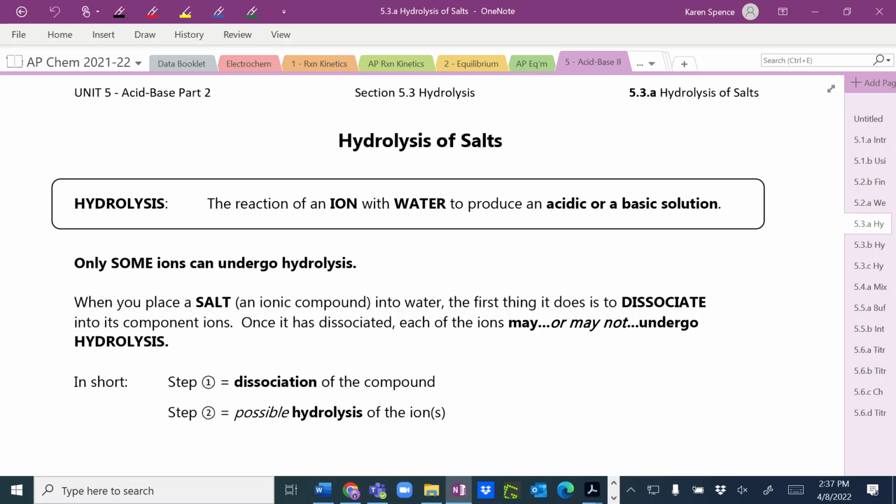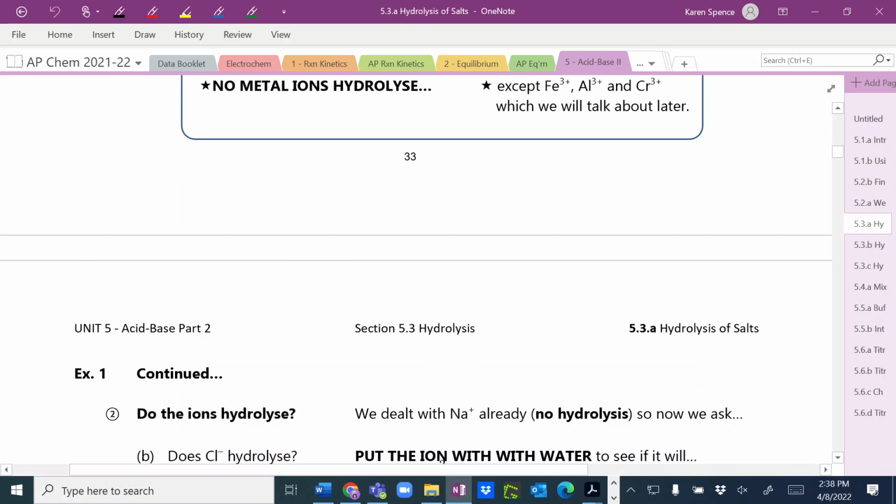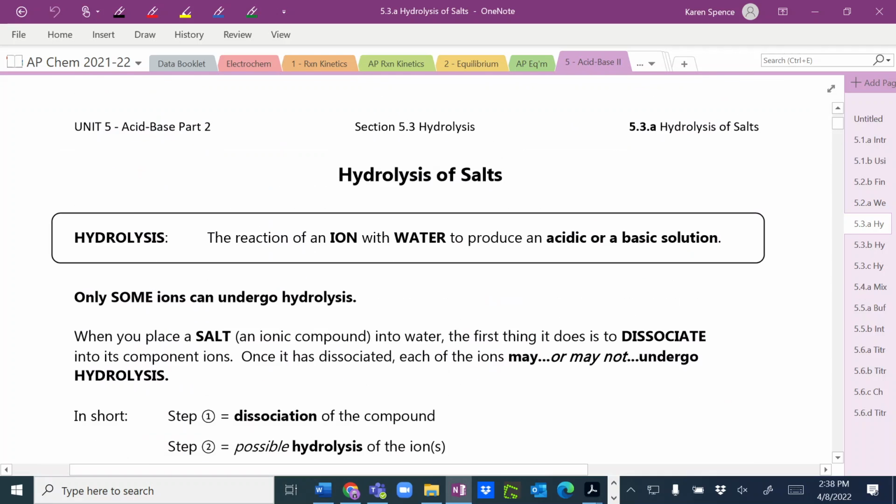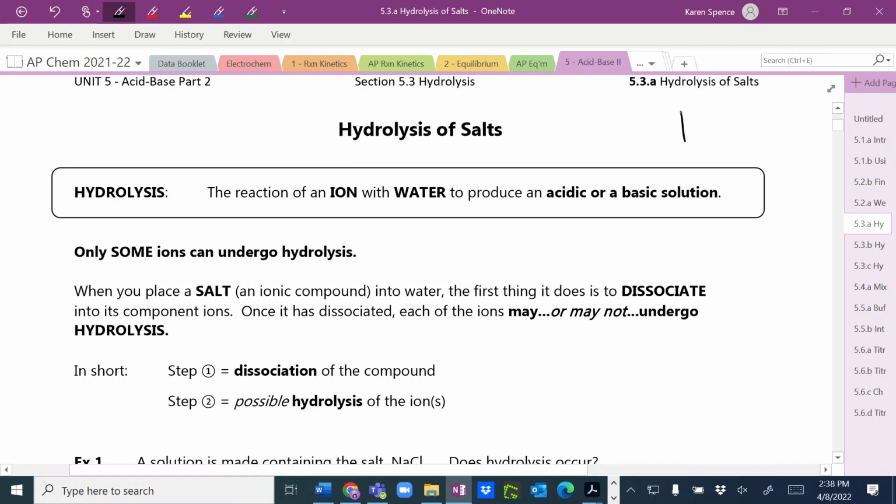So if you've learned hydrolysis in biology, this is different hydrolysis. This is on page 33. Hydrolysis is a really powerful concept, and you actually know a lot about it already. We just haven't given it a name.